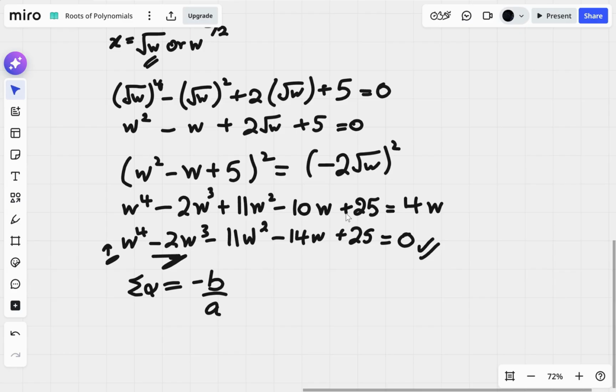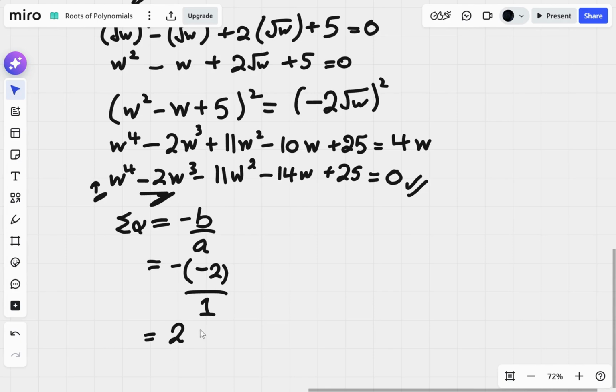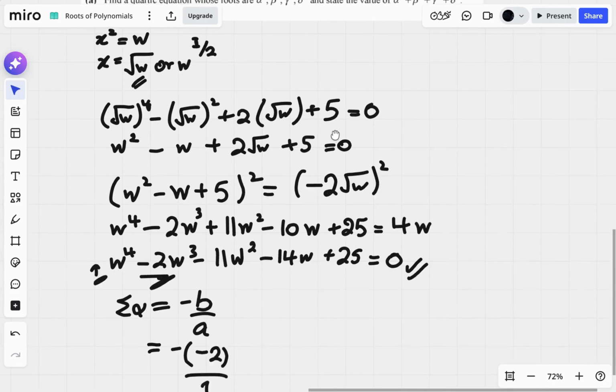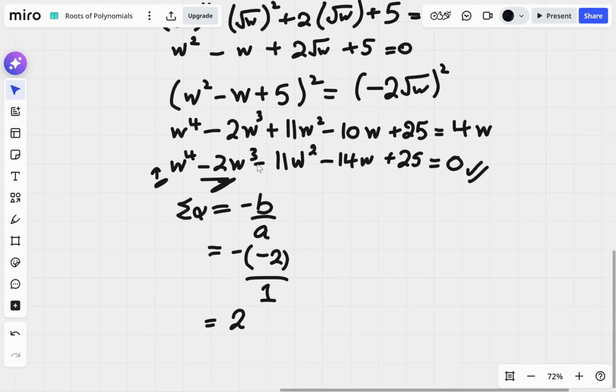So this is going to be minus 2 over 1, and then that is just going to be 2. If you scroll down to show, that is just going to become 2. So the sum of the squares of roots alpha squared, beta squared, gamma squared, and delta squared just becomes 2.